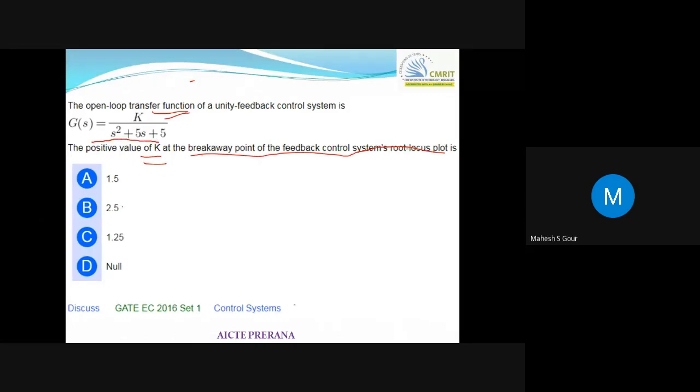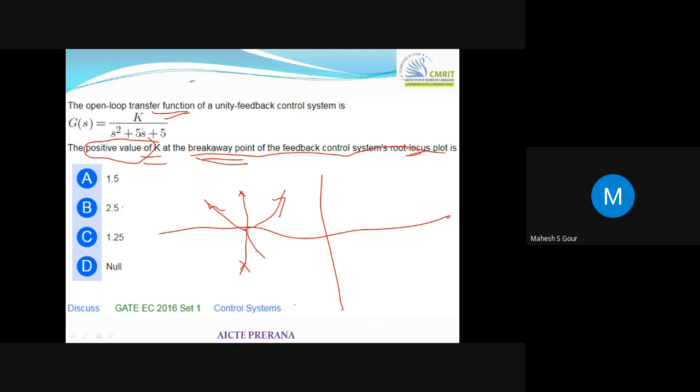You need to find the positive value of k at the breakaway point of the root locus. It means what are the roots available? I think it will be complex conjugate, suppose here and here. If this is breaking, the roots may go like this or like this. So now I should find the value of k for this feedback control system for the root locus plot, the positive value of k at the breakaway point.